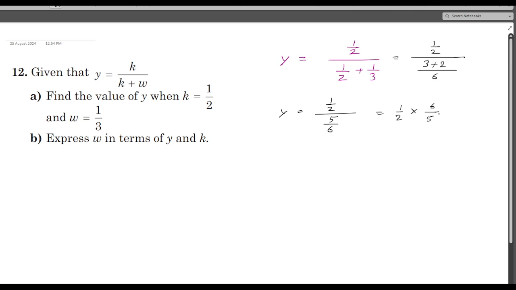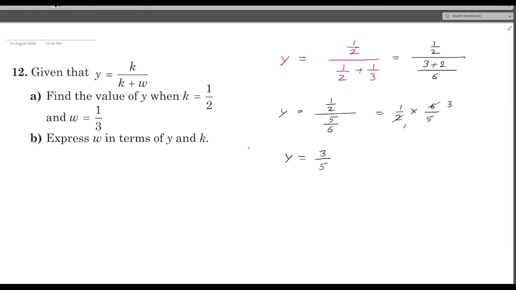So when you are dividing by a number, it is the same as multiplying by the reciprocal of the number. So here you have y is equals to, now 2 times 3 is 6, so it is 6 divided by 30, which is 3 divided by 5. Okay. The value of y is 3 divided by 5.